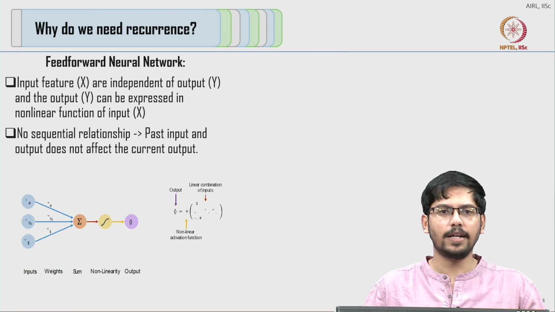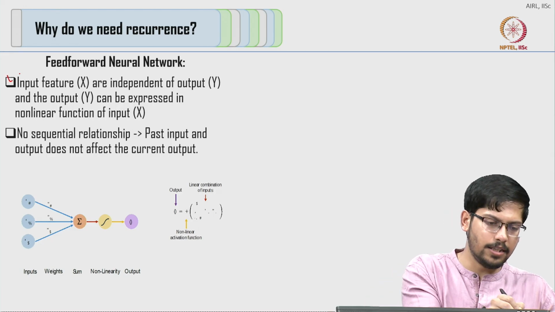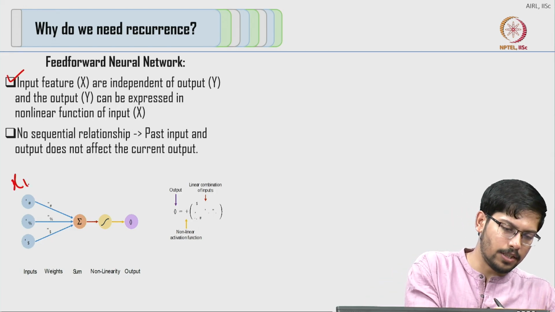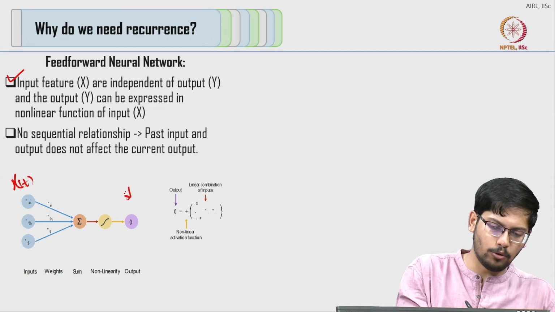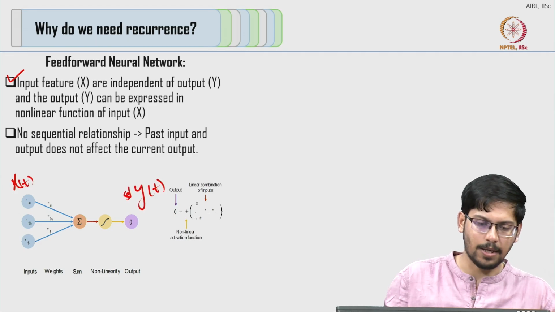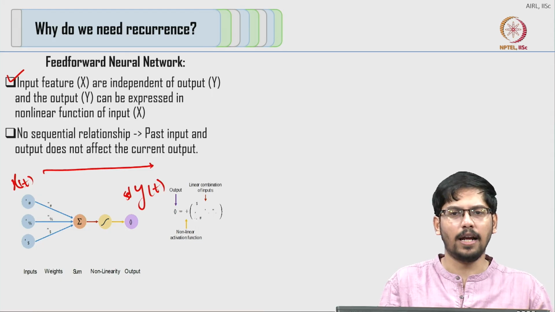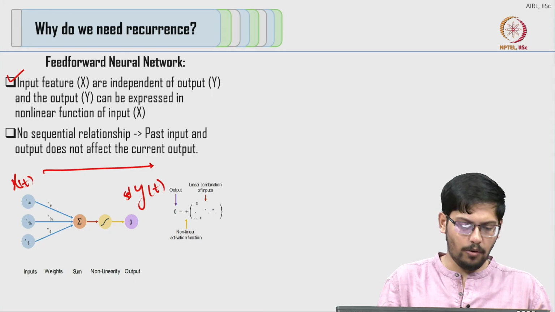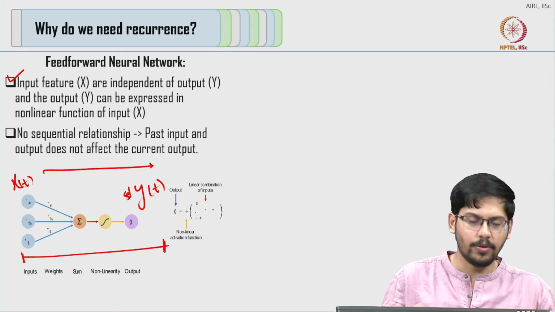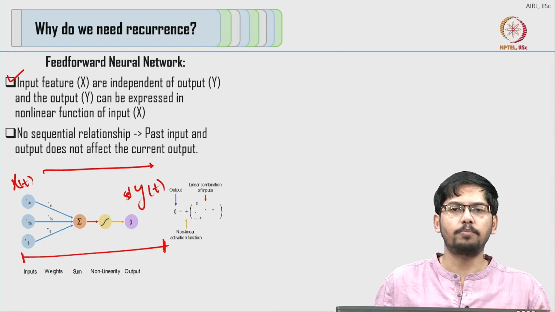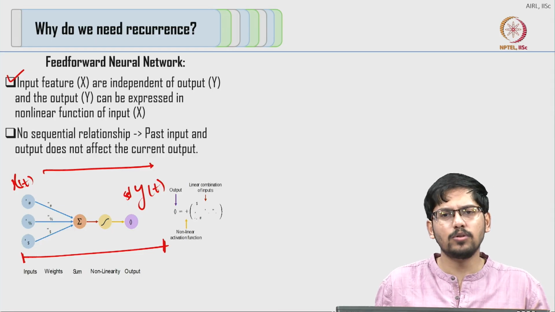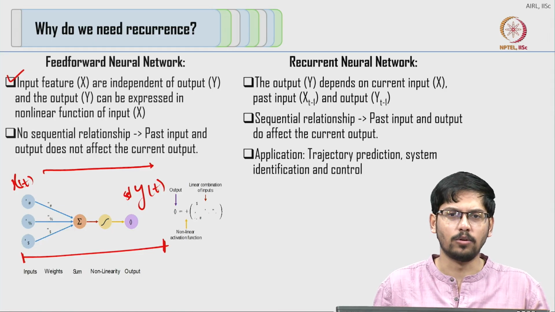Now we also had a brief discussion about feed forward neural networks, where essentially the input is at a particular time step t and the output is at a particular timestamp t, right, and there is a forward pass and we calculate the error and then we update the weights. However, in this whole training, the previous states or even the future states are never taken into account, right.